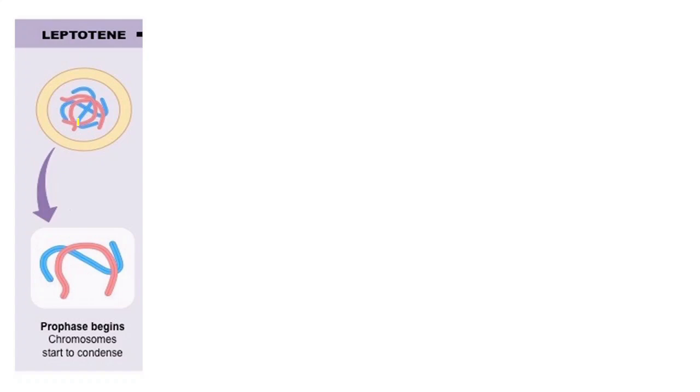Now when we say 23 plus 23, we are talking about the pairs. Chromosome number 1 from the first set and chromosome number 1 from the second set will form a pair. That is called a homologous pair.